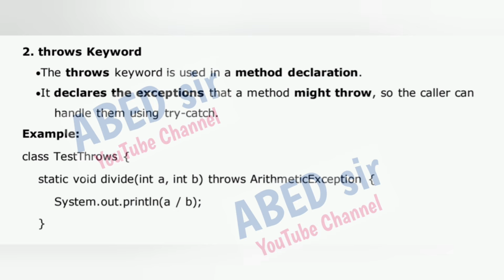2. Throws keyword. The throws keyword is used in a method declaration. It declares the exceptions that a method might throw, so the caller can handle them using try-catch. Example. class TestThrows, static void divide(int a, int b) throws ArithmeticException, System.out.println(a/b).